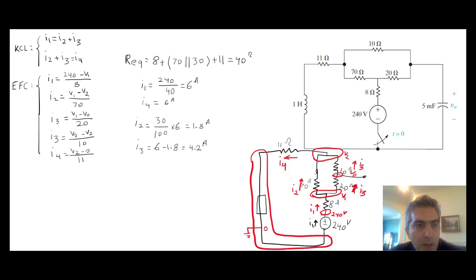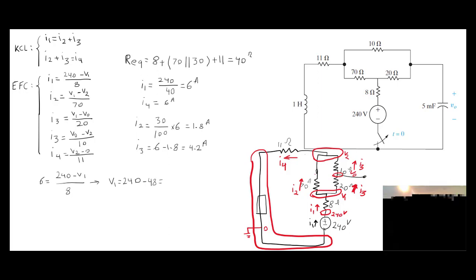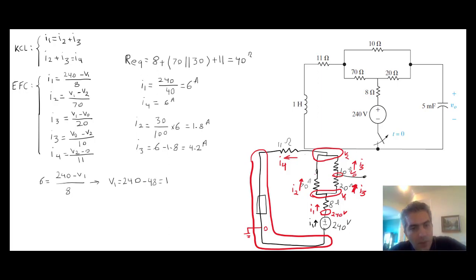So 6 is equal to 240 minus V1 divided by 8. From that, V1 is basically 240 volts minus 48, and that is 192 volts.